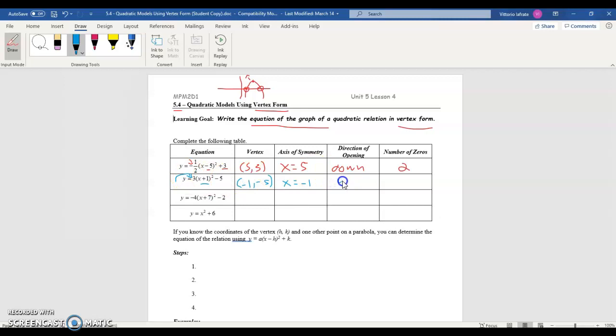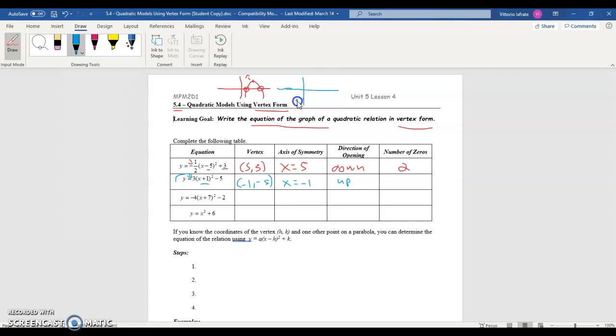So that means this opens upwards. So we have to find the number of zeros. So we'll do a quick little sketch to estimate how many zeros there are. So our vertex is -1, -5. So let's just say it's here. That's -1, -5. Quick sketch.